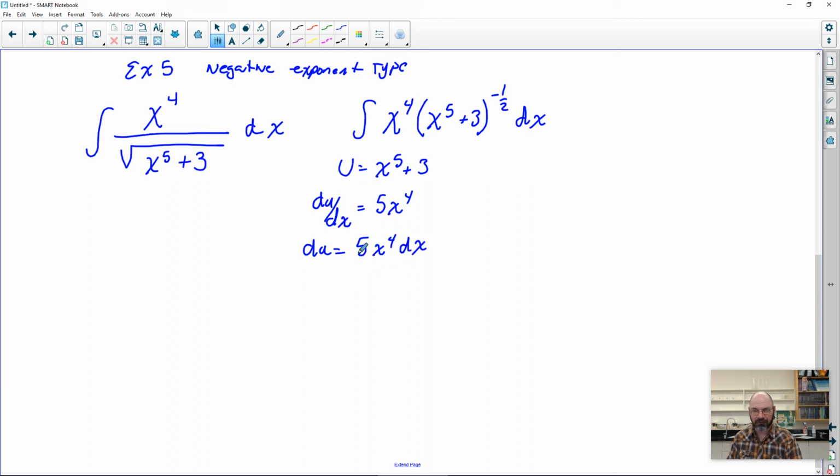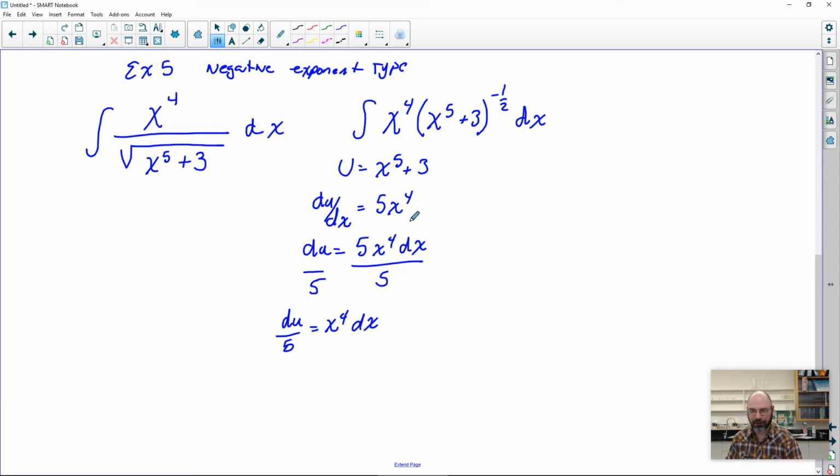So we see that in order to get x to the 4th by itself, we have to divide by 5 on both sides. And we're left with du over 5 equals x to the 4th dx. So that's what that is.